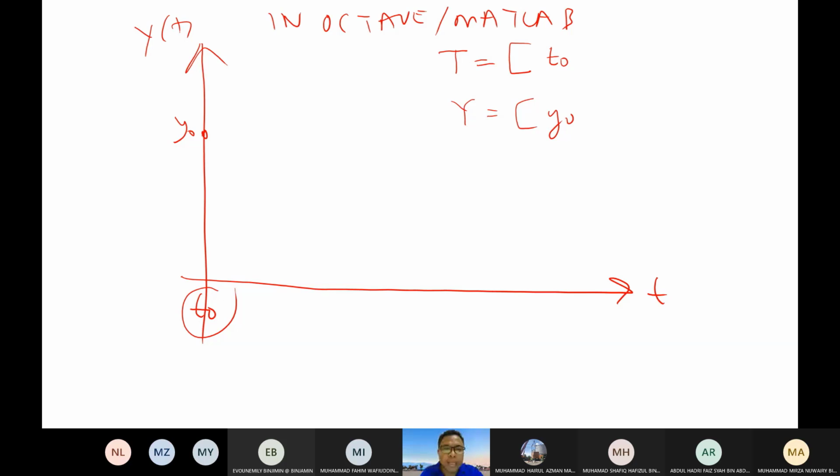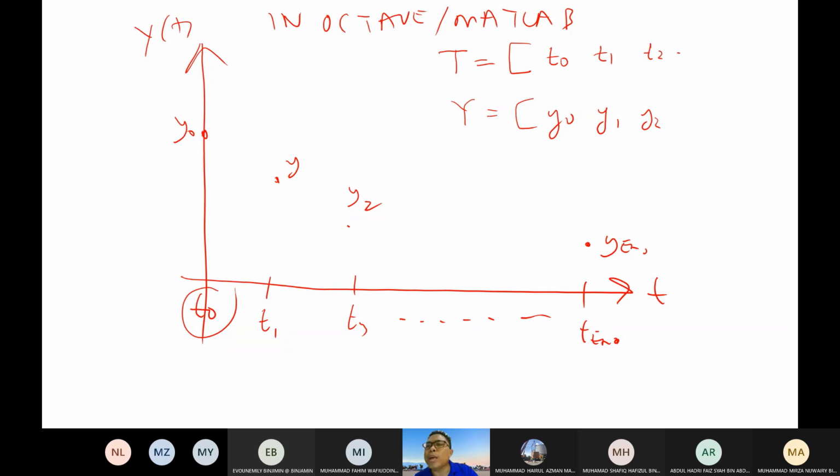Next T1, so maybe I'll get my Y1 here. T1 and Y1, the pair. And for T2, you get Y2, until Tn. So I'll get also the Yn solution. Ini akan panjang lah, until Tn and your Yn.